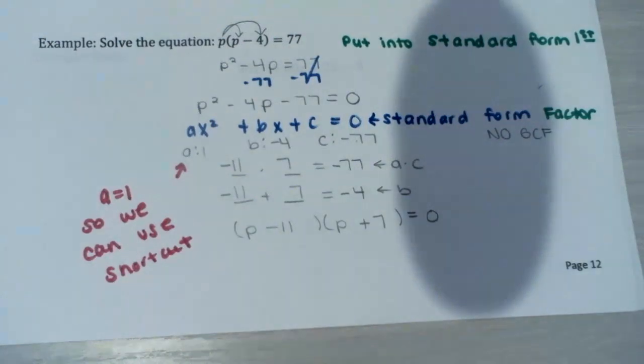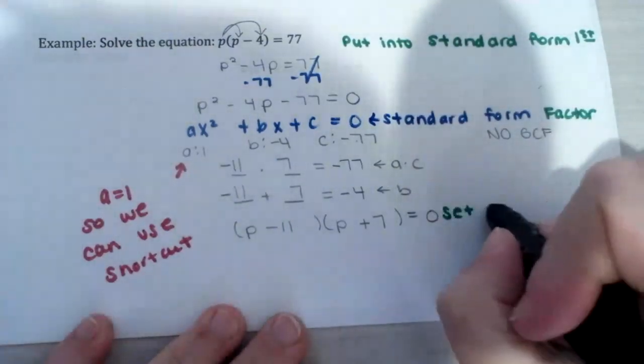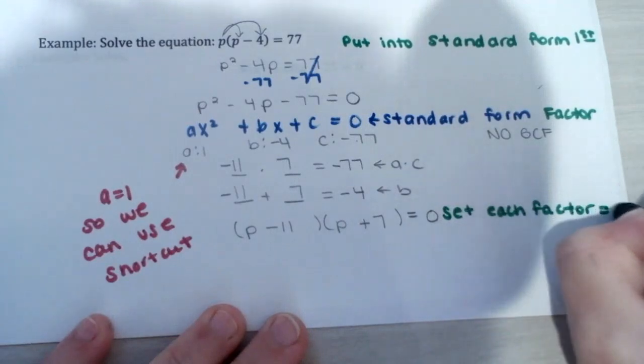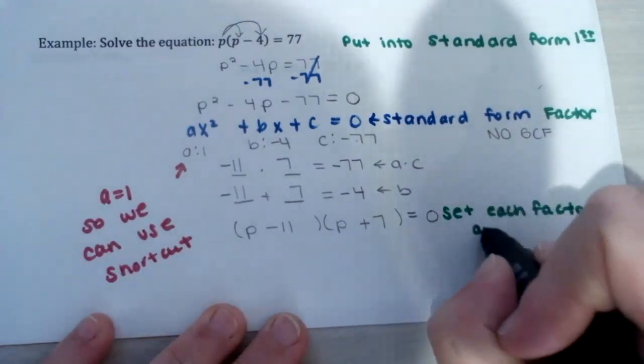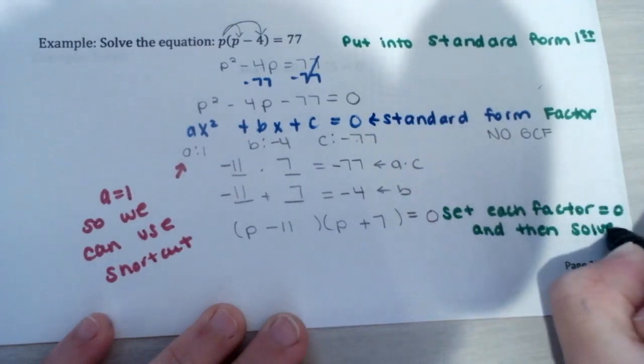So now we can set each factor equal to 0 and solve.